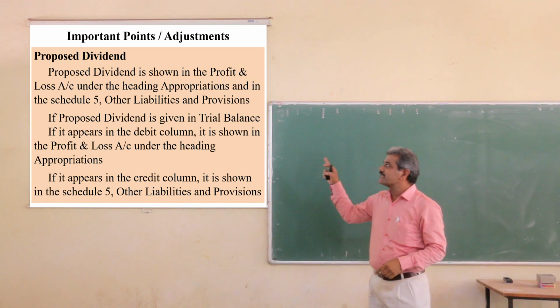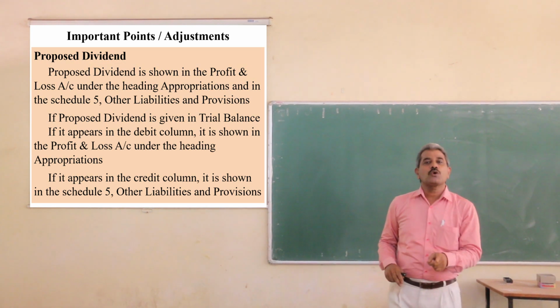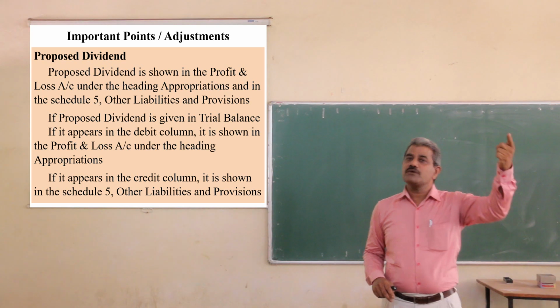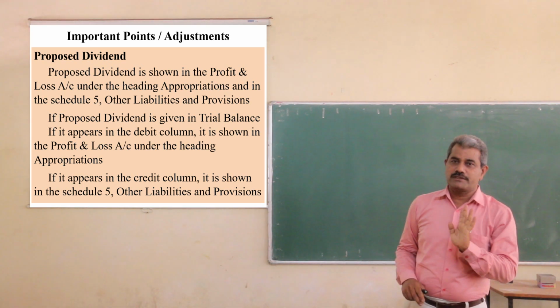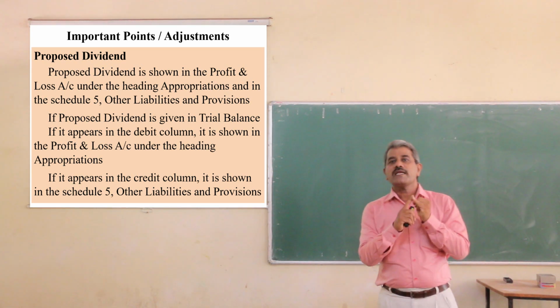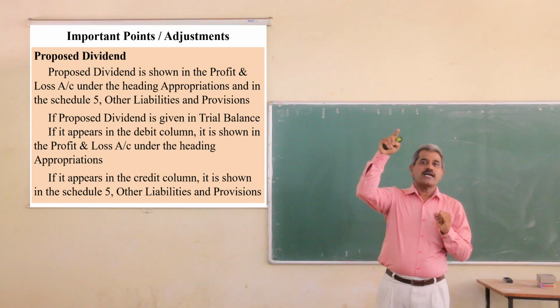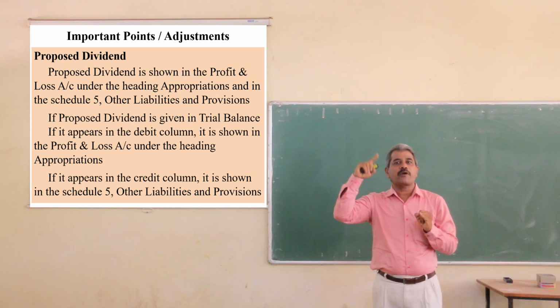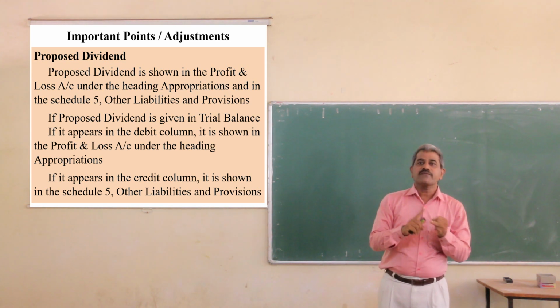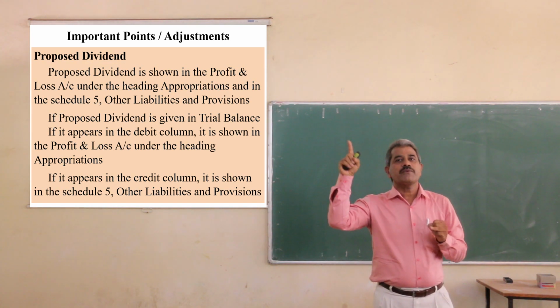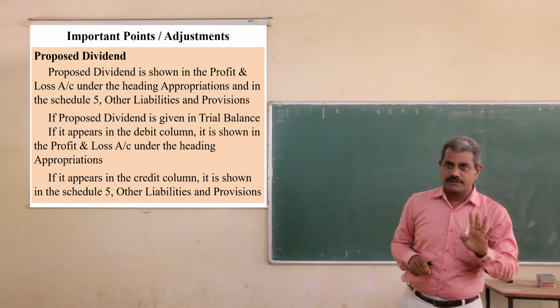That is the first effect. And the second effect is that it is to be shown in schedule number 5, other liabilities and provisions. Two effects: one under the heading appropriations in profit and loss account, and second in schedule number 5, other liabilities and provisions.